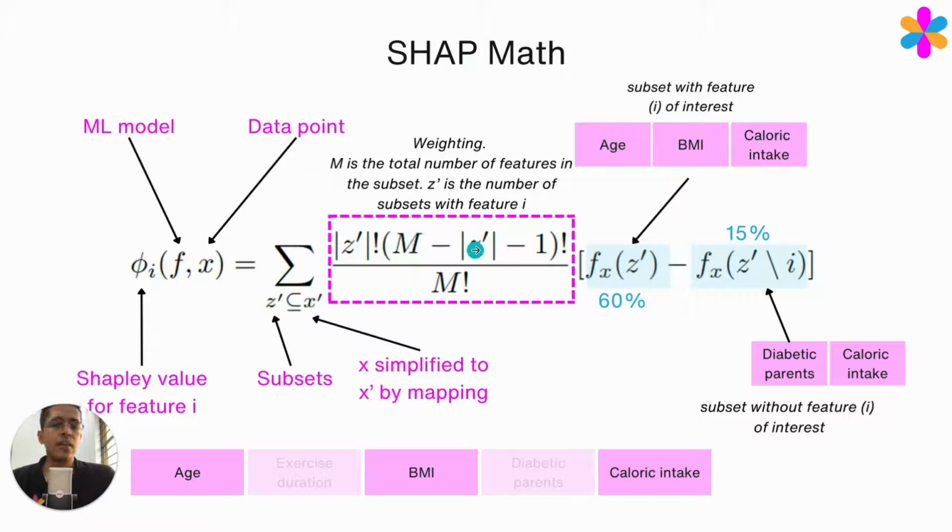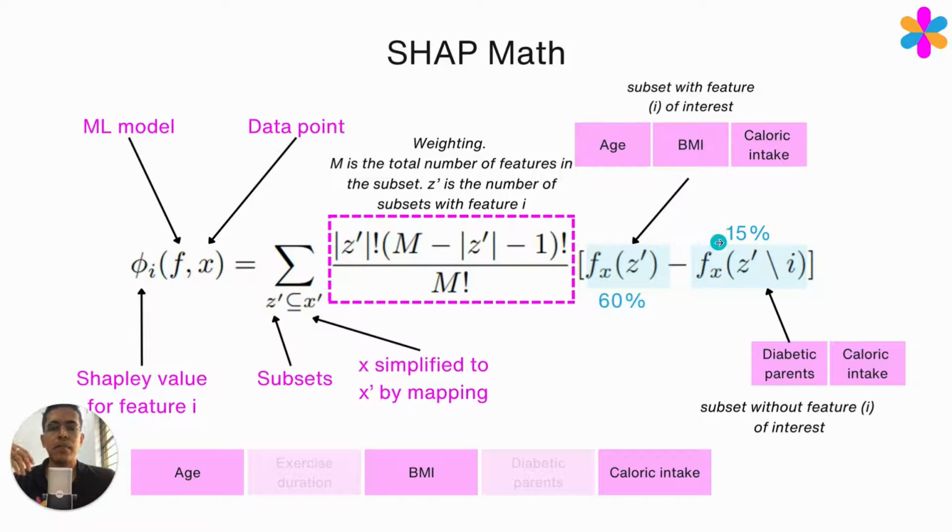The weighting parameter is defined in such a way that if there are 10 features in a subset, and within that subset the feature of age is having a huge influence, let's say 90% influence, so the difference between this and this is very big, in that case this number should be high, because that means although the other features were present, age had very, very high influence. So this weightage term can capture that, basically.